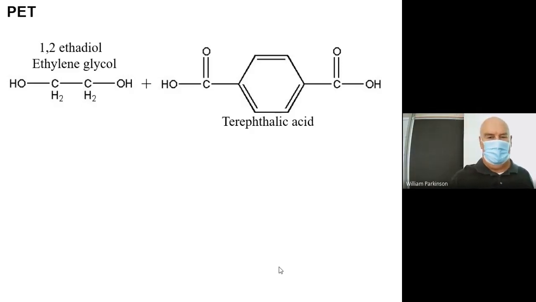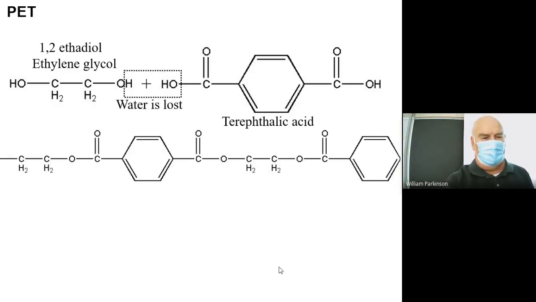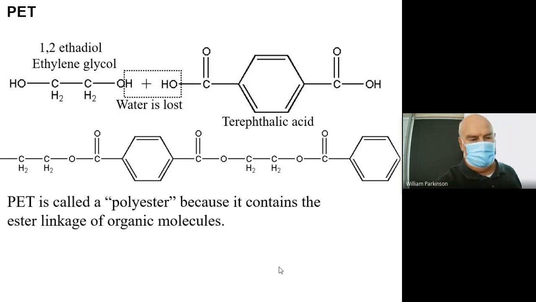It's got a benzene ring and two other connections on its outside. And you let these grab each other and get rid of water, they connect in this fashion. And the reason I'm showing this is that this is another very commonly used, very important form of plastic known as PETE or PET or polyethylene terephthalate.